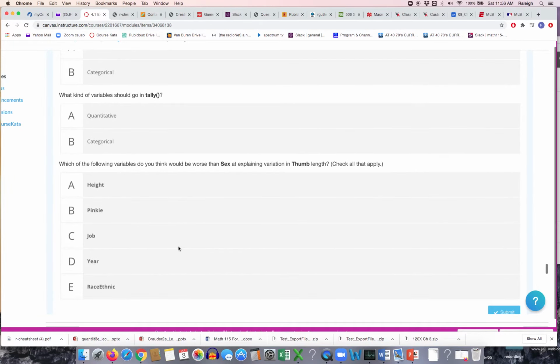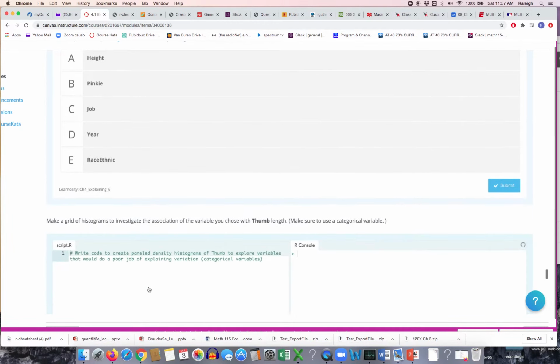And the variables you think would be worse than sex, the ones that have nothing or little to do with thumb length? Well, height would probably have a lot to do with it. Pinky probably would have a lot to do with it. But your job, really? The year of school you're in? No. Race, maybe a little, but not apparently a lot. Gender has much more to do with it than that.